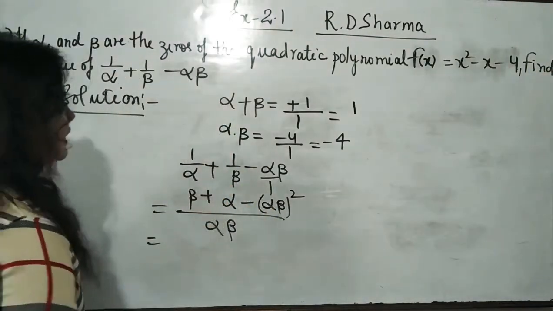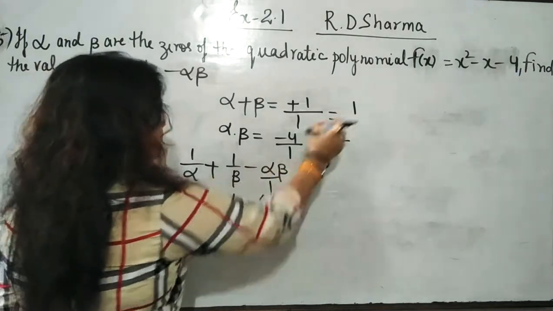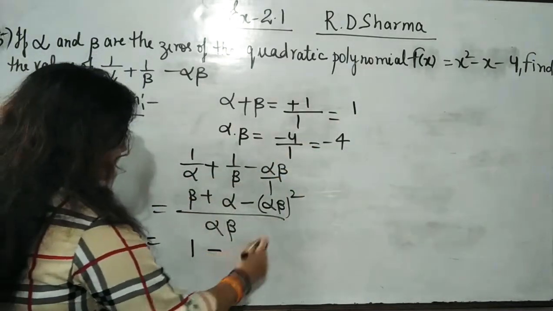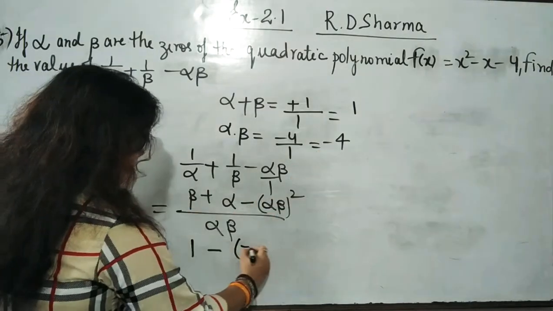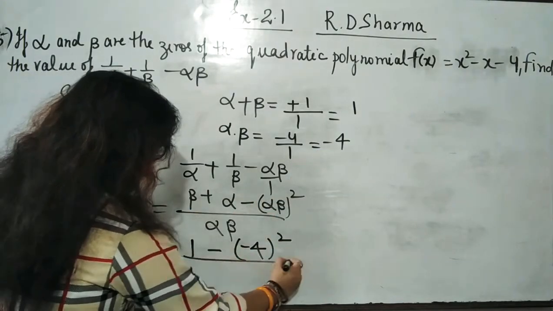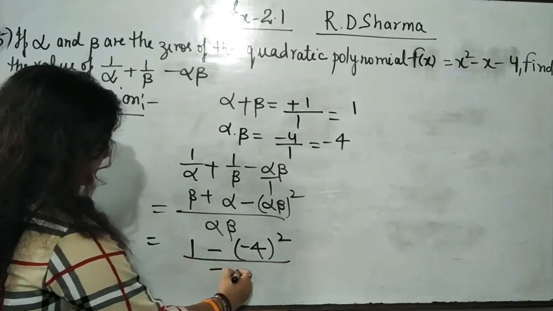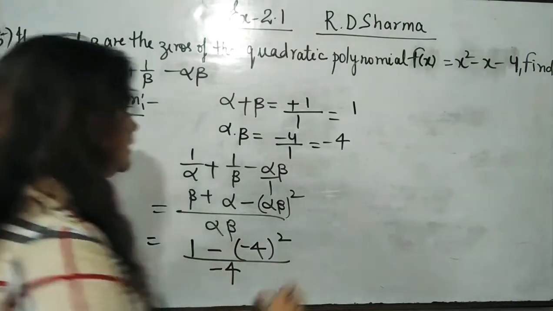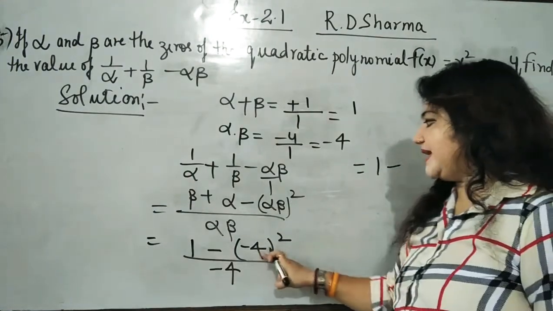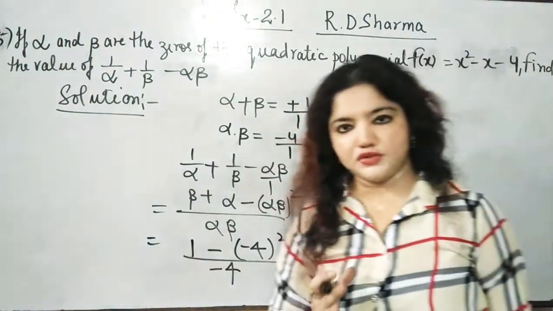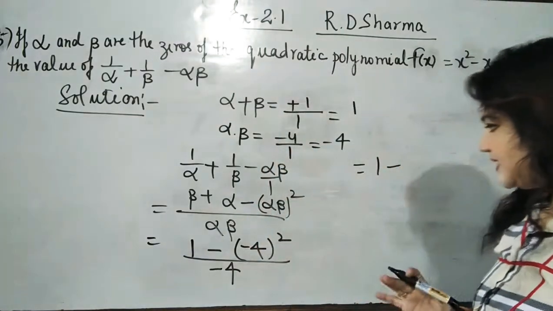Now we will put up the values. Alpha plus beta, this is 1, minus alpha beta. What is the value of alpha beta? This is minus 4, minus 4 square upon alpha beta. Again we will put up the value minus 4. Let's solve it. So 1 minus 4 square, minus 4 square will be 16, plus 16.